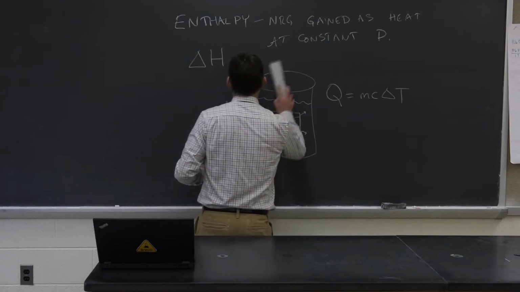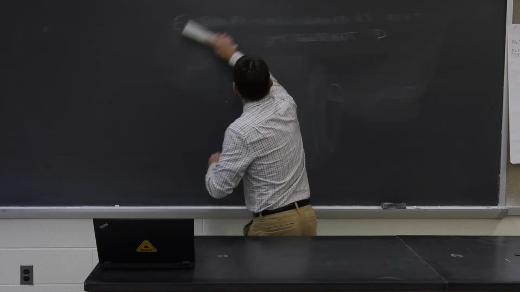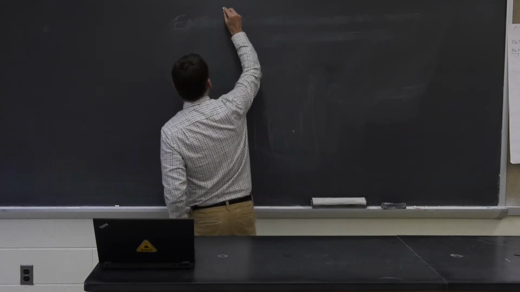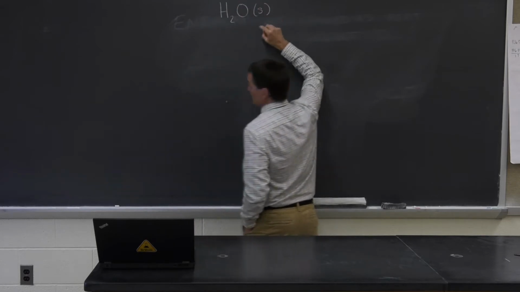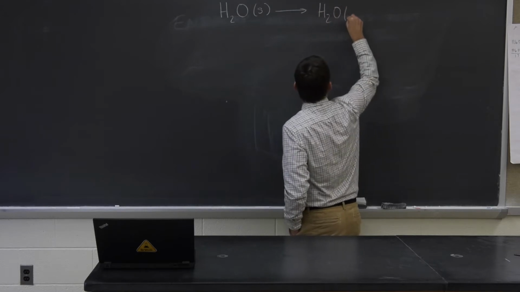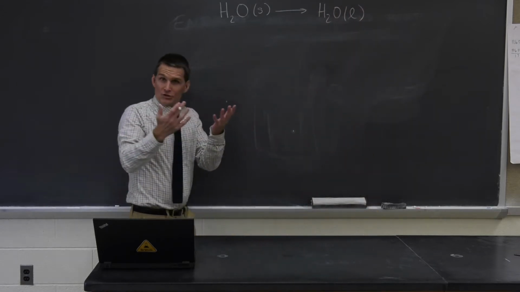There are a few things about the enthalpy that we're going to go over here. Let me write an equation so we can get an idea. We'll imagine ice, solid water, melting, and we're going to imagine this as our system.